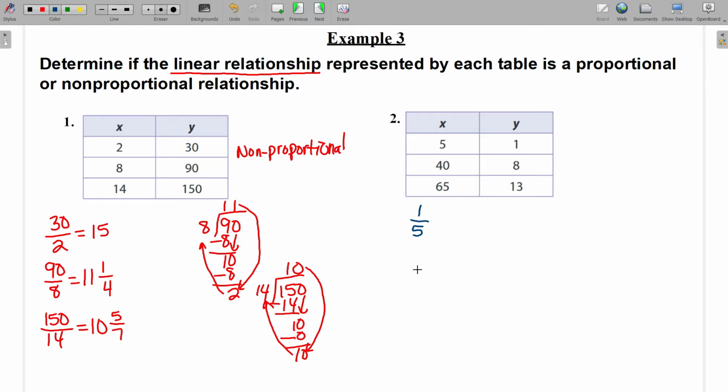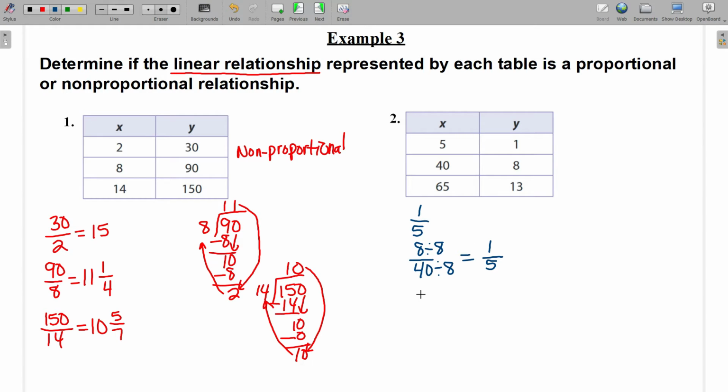There's nothing more for me to do there. Now in the second one, we're comparing the 8 to the 40. If you see this fraction, 8 and 40, they're both divisible by 8. So I can divide numerator and denominator by 8. 8 divided by 8 is 1, 40 divided by 8 is 5. So I once again get 1/5.